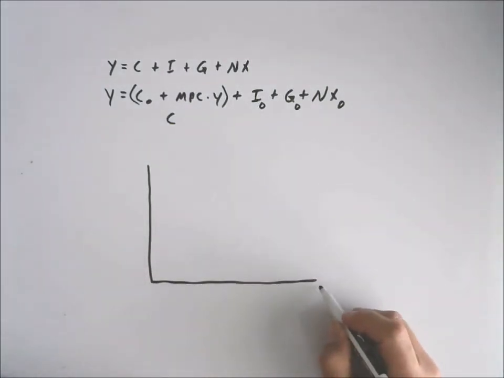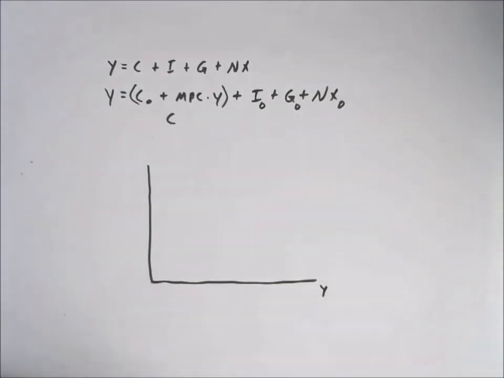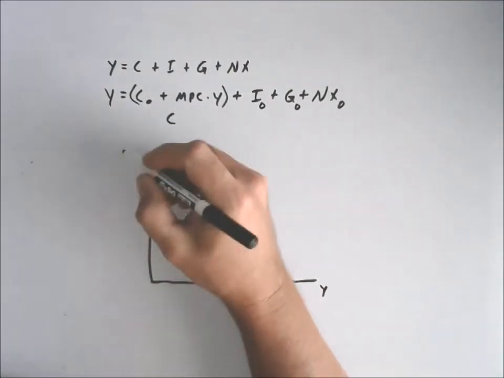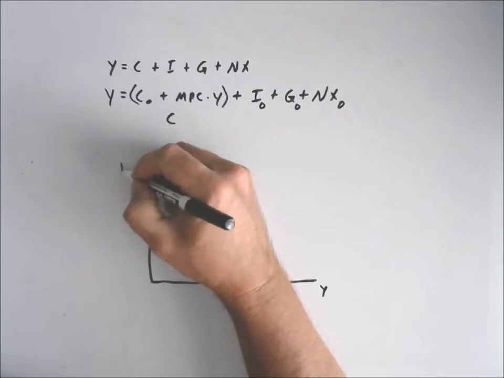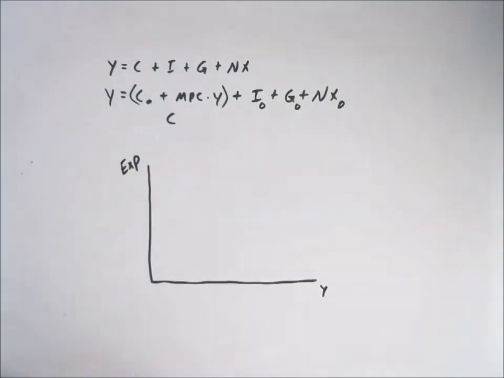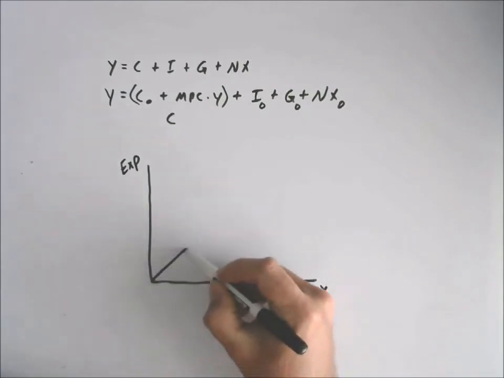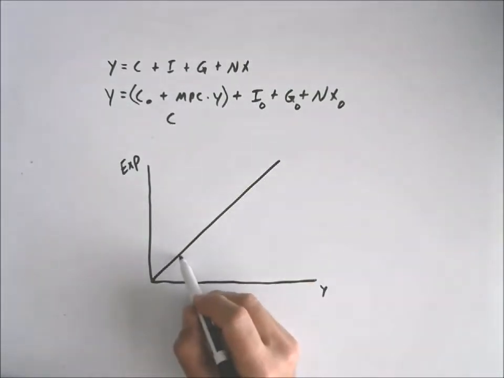So we are going to have real GDP on the horizontal axis, and planned expenditures on the vertical axis. We've got our same 45-degree line.